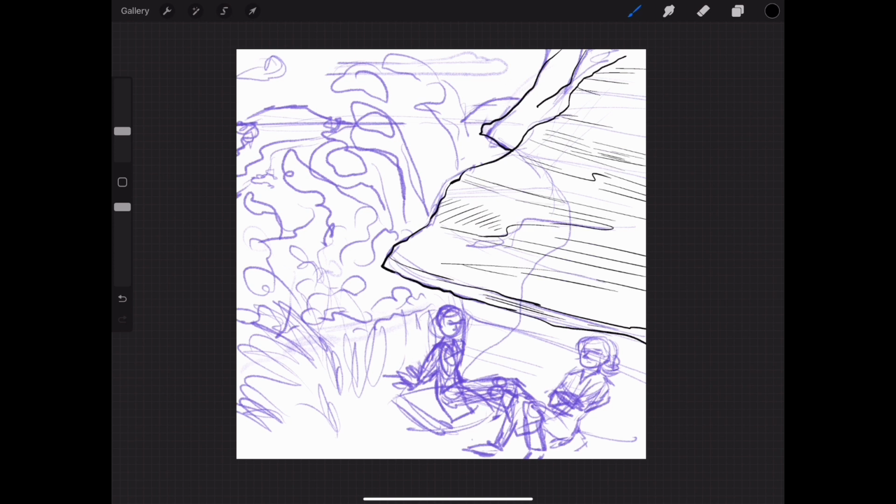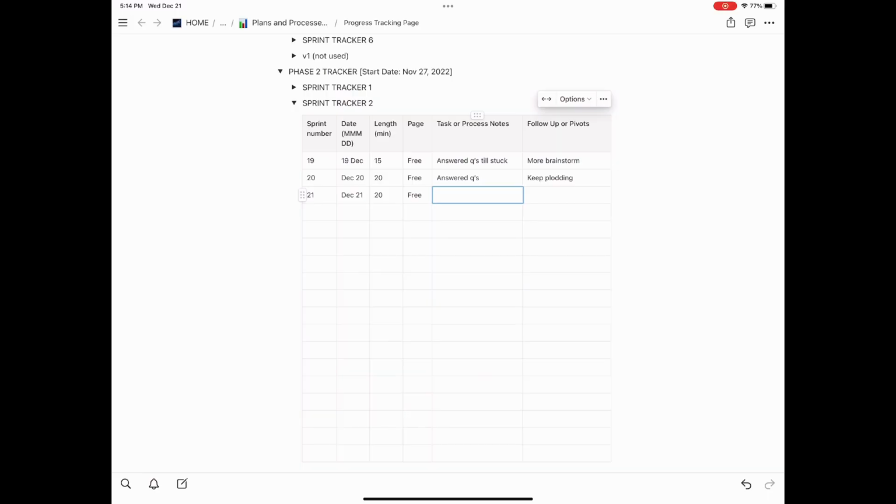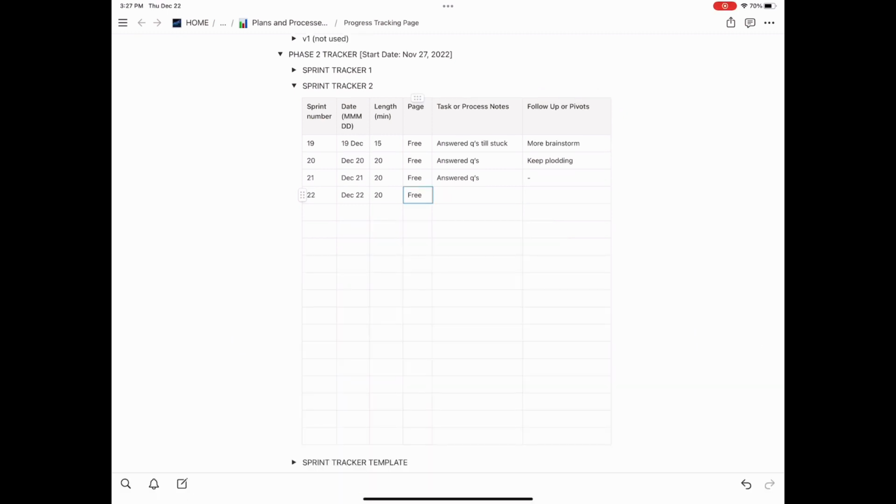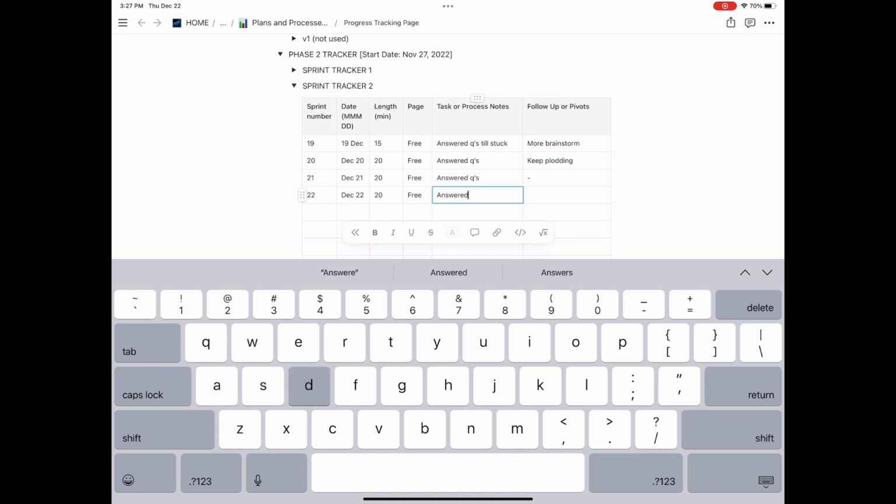So for the writing itself, to recap, the first pass through the story I did was just reading the draft because I hadn't read it in a while. I'd just been adding to it without reading it. So the first pass was just reading.